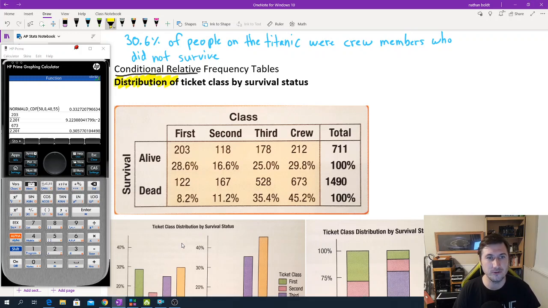The distribution of ticket class by survival status. All right, and that is what's going to tell you what to divide by, this part right here, by survival status. That's the number you divide by, is the survival status totals. Okay, so where the heck does this 28.6% come from?